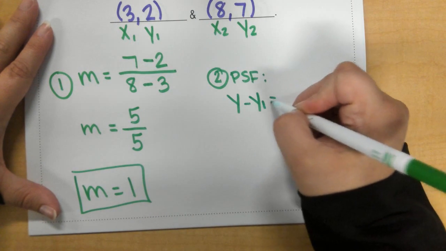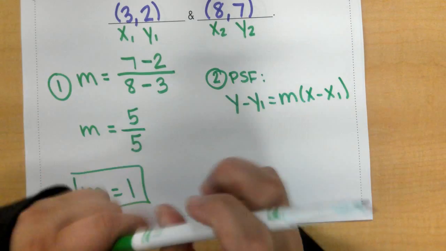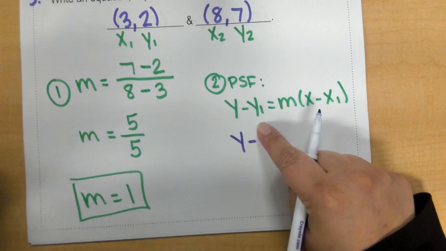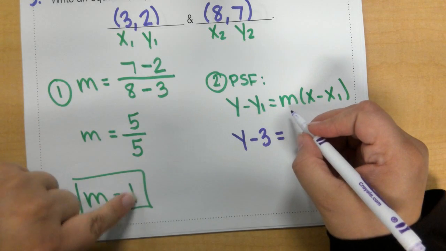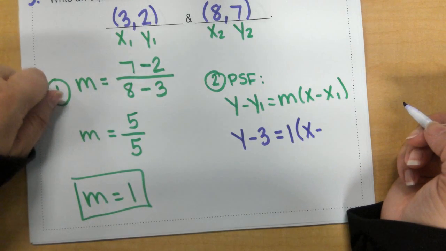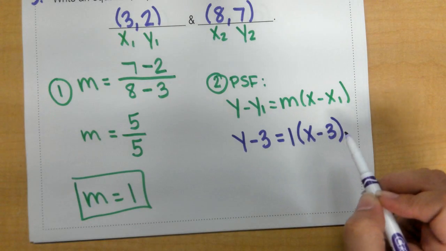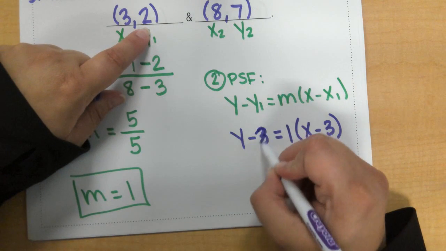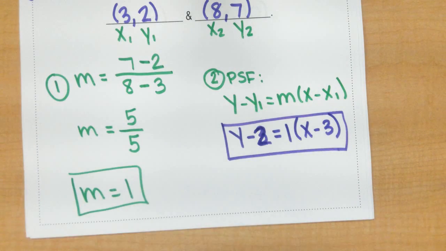Here is the point-slope form formula. And now I need to plug in. So I have y minus y1 is 3. M is 1. X minus x1 is 3. And this, oh, my apologies, y1 is 2. Okay, so then that is our point-slope form.